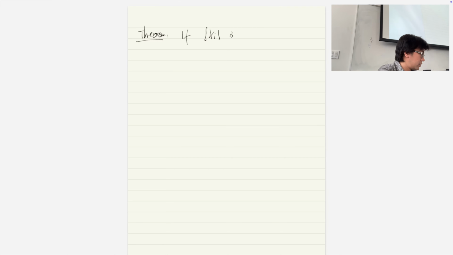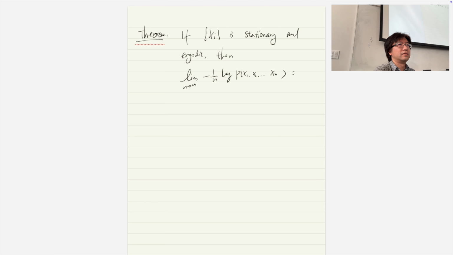If this random process is stationary and ergodic, then we can prove that this probability of x1, x2, up to xn will equal, take a guess, what?